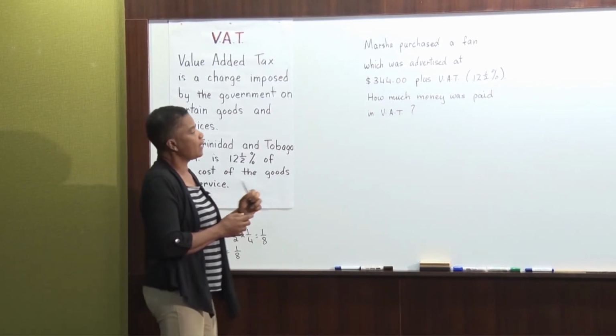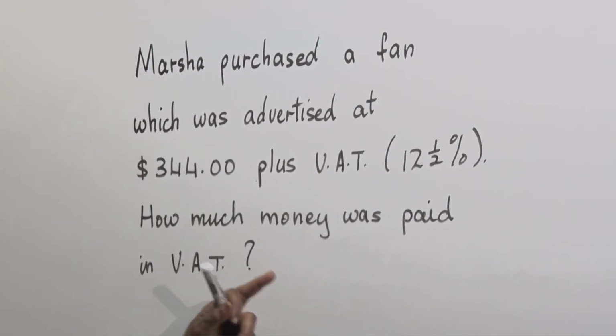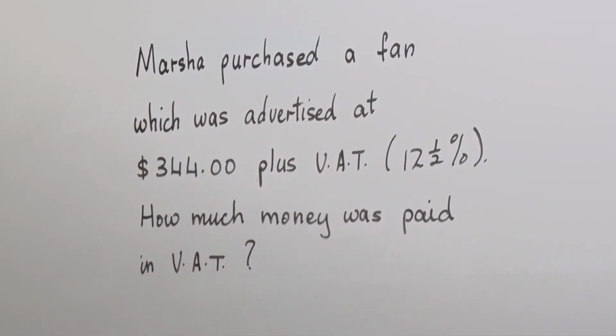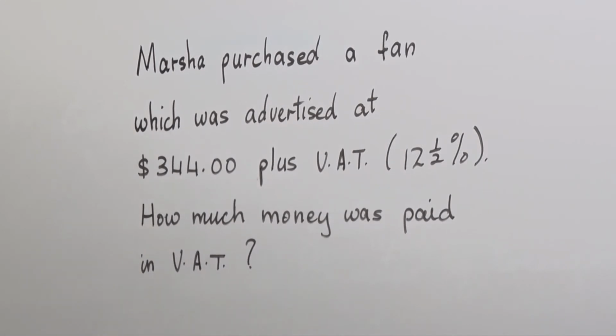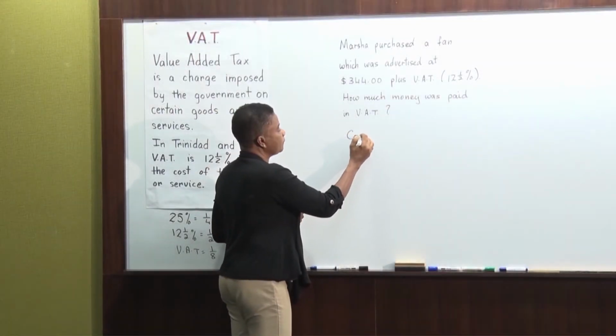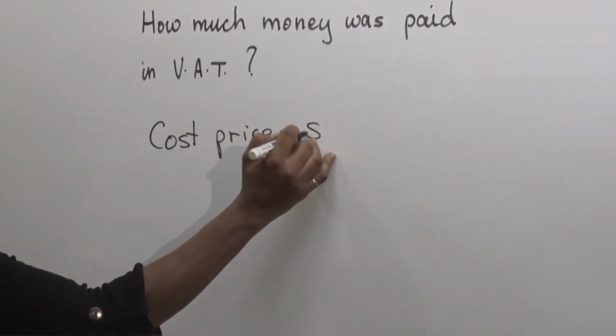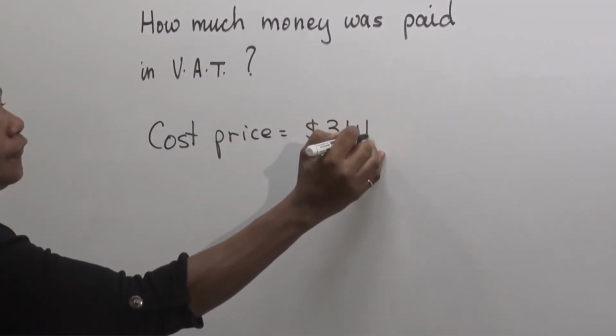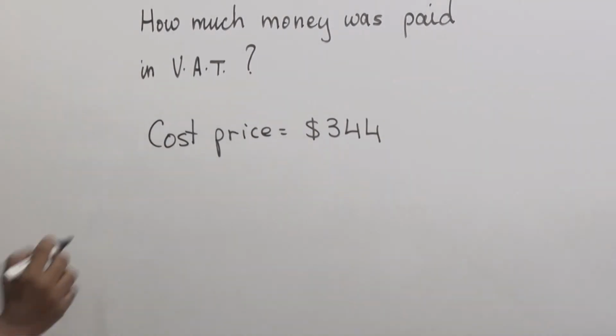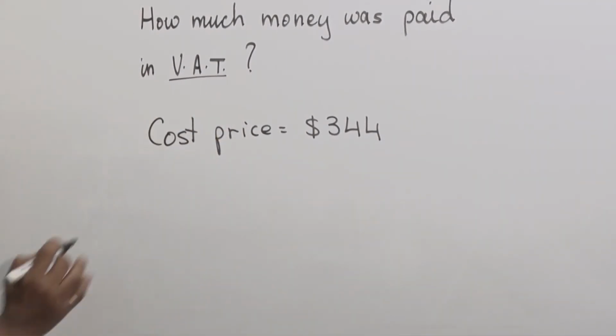The question asks, how much money was paid in VAT? Now, the advertised price or the cost price of the fan was $344.